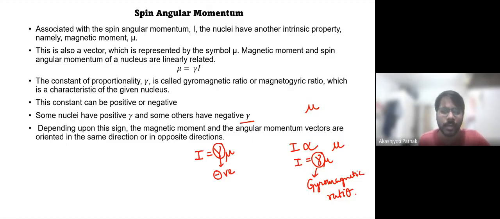Both of these are vector quantities, spin angular momentum and magnetic moment. If gamma has a negative value, then the spin angular momentum and the magnetic moment will be opposite to each other, while if this value is positive, then they will be in the same direction.